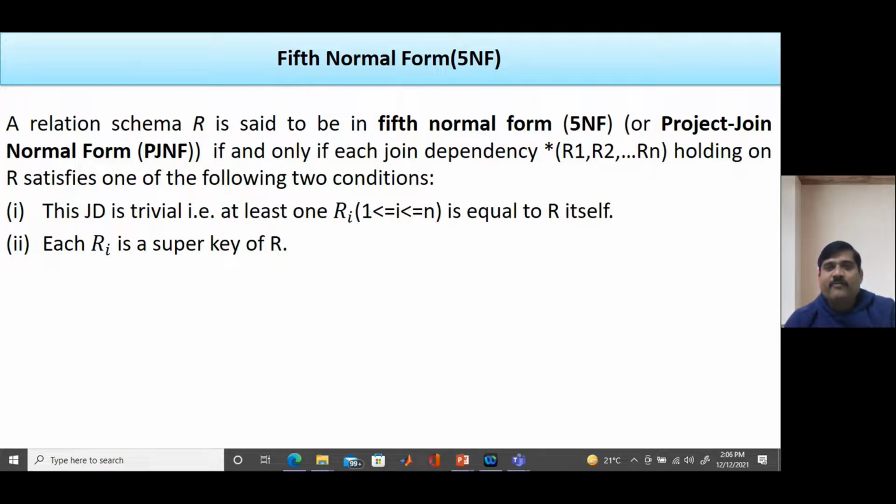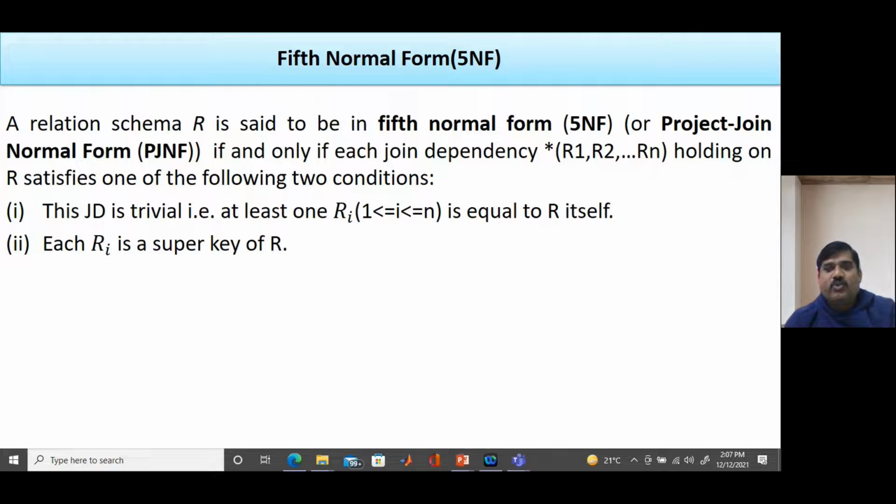So fifth normal form is dependent on join dependencies. Fourth normal form is dependent on multi-value dependencies, and this is based on join dependencies.